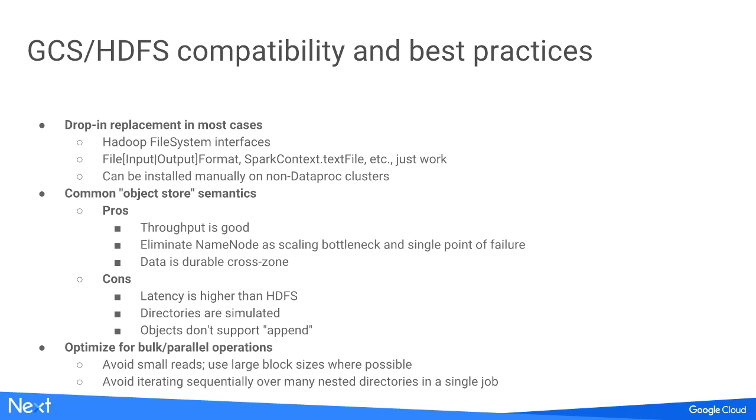And as an implementation detail, that means there's an extra layer of indirection, which is why latency might take a little bit longer round trip. In general, the same principles for optimizing your HDFS workloads applies to GCS as well.